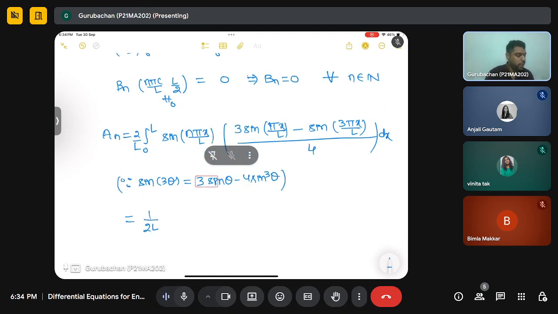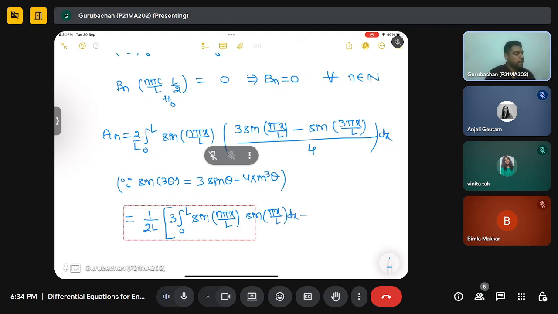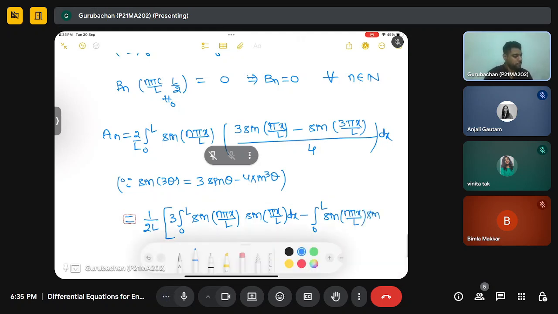1 by 2L, the integral from 0 to L. There will be two factors: sine n pi x by L times 3 times sine pi x by L dx, that is one factor, and another factor is the integral from 0 to L of sine n pi x by L and sine 3 pi x by L dx.